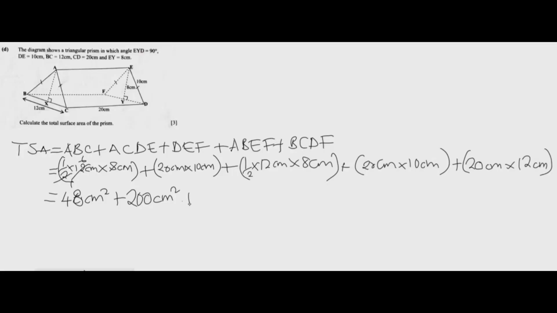Then plus, again the same thing happens here. We have 2 here and 6 here, then 1 here. Just like we did, it gives us again 48 centimeter squared.